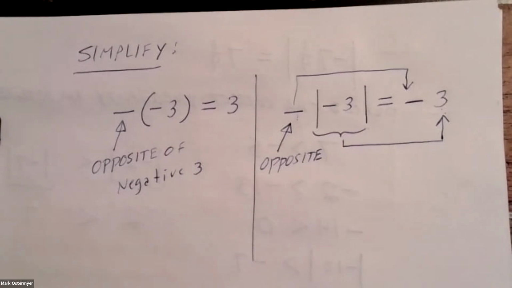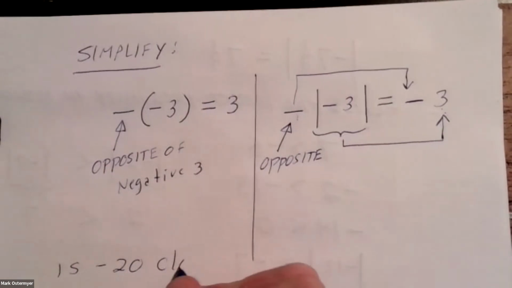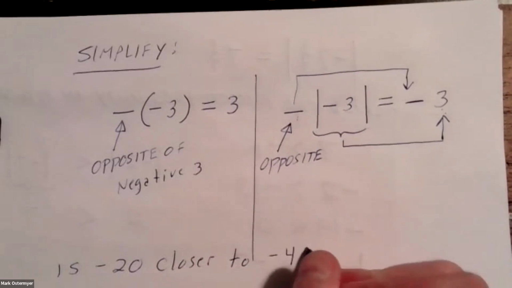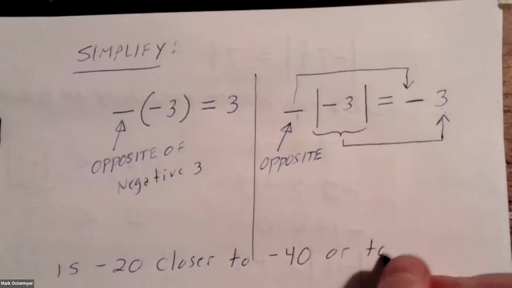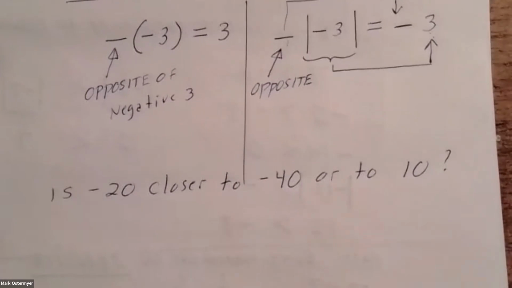Okay. Here's an interesting question. Is -20 closer to -40 or to 10? What do you think the answer to this question is?